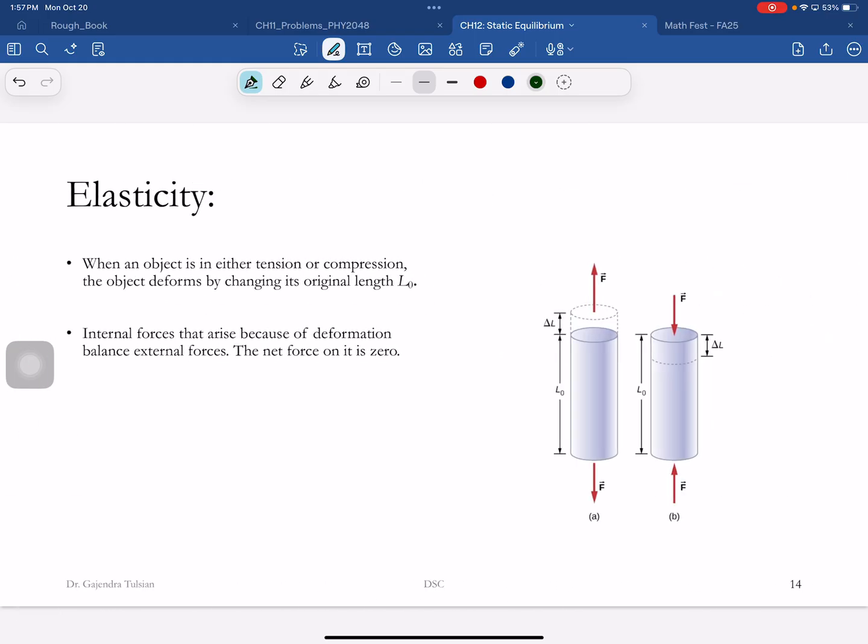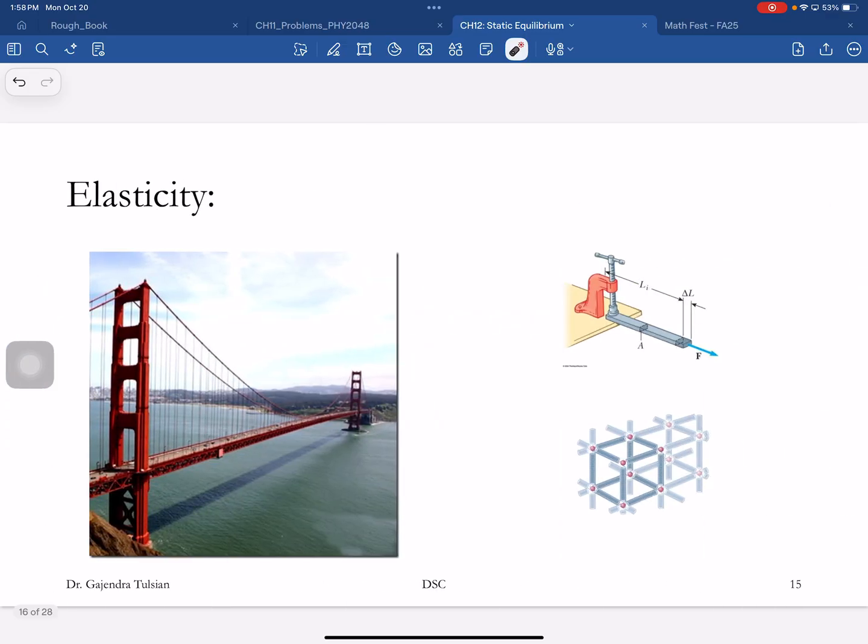Now we'll consider elasticity. We'll quickly go over elasticity. And like I said, you want elastic behavior for the following reason. Let's say you drive over this bridge, these cables will stretch. And then when you drive away, you want the cable to go back to its original shape.